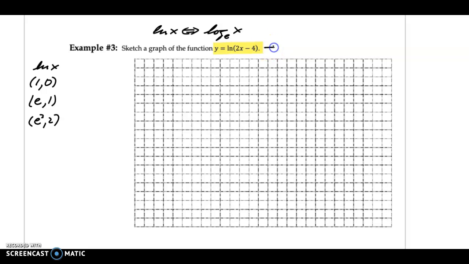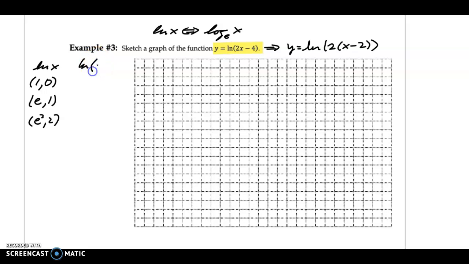Now, that implies we can pull out a 2, because that's a 2 and that's a 4, so we can rewrite this as y equals ln(2x minus 2). So I'm going to do the first step, where x is divided by 2.